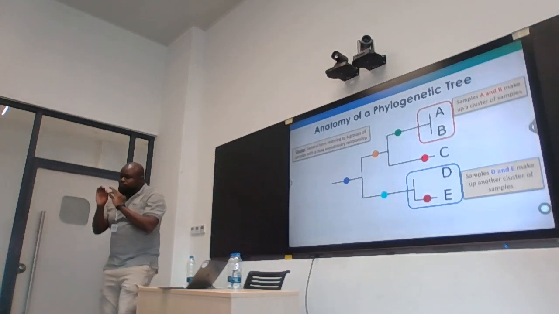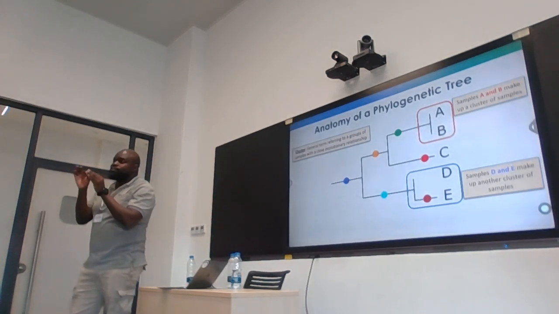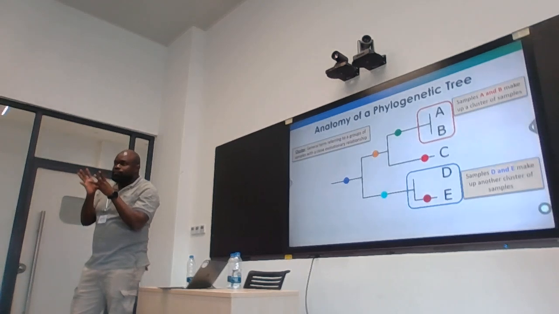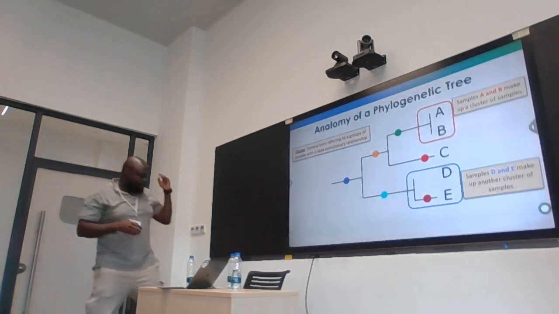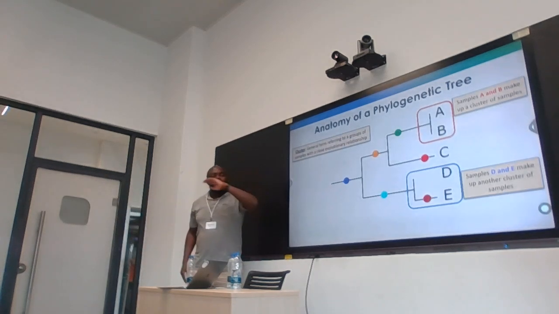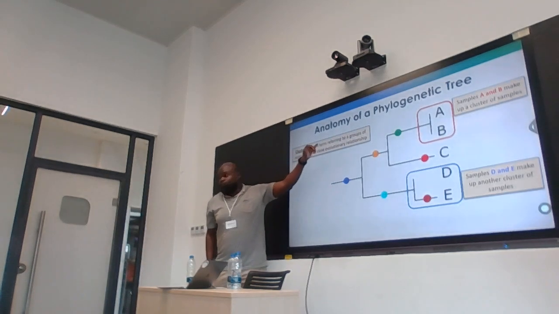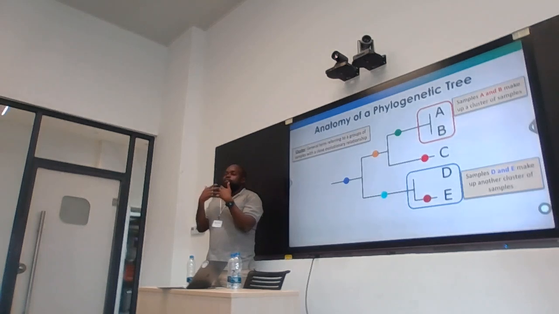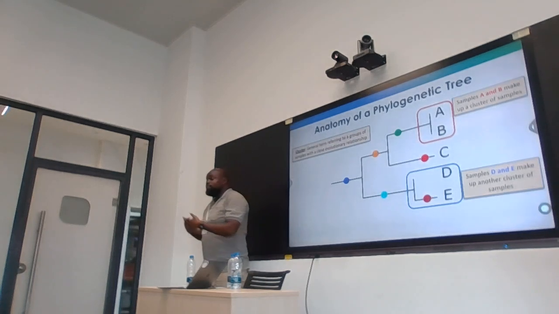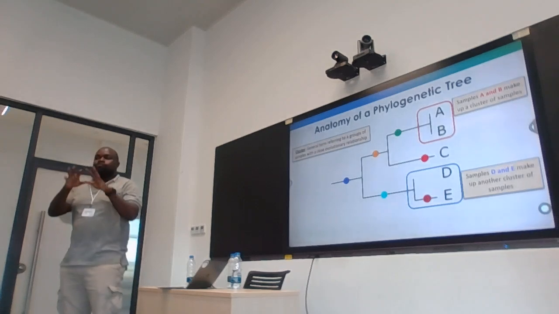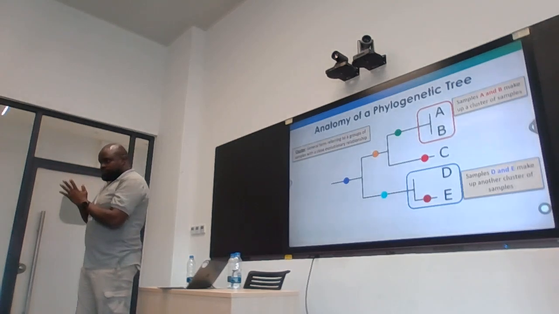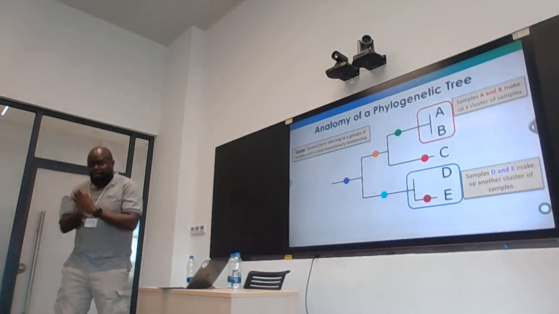Again, it depends on the resolution of the data, how you want to look at it. Okay? So, the important thing to highlight here is this is a general term. It does not have any significance in terms of genetics, the word cluster. It's just a general term that is used to describe a group of sequences. Okay? All right.